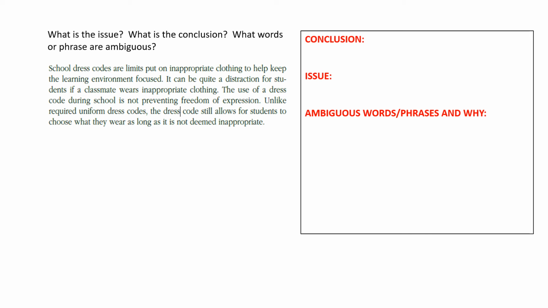It can be quite a distraction for students if a classmate wears inappropriate clothing. The use of a dress code during school is not preventing freedom of expression. Unlike required uniform dress codes, the dress code still allows students to choose what they wear as long as it is not deemed inappropriate.